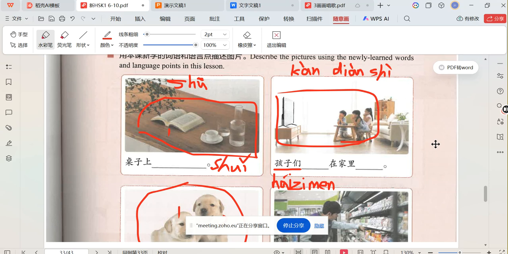Let's say together. 孩子们在家里看电视。很好。Very good.